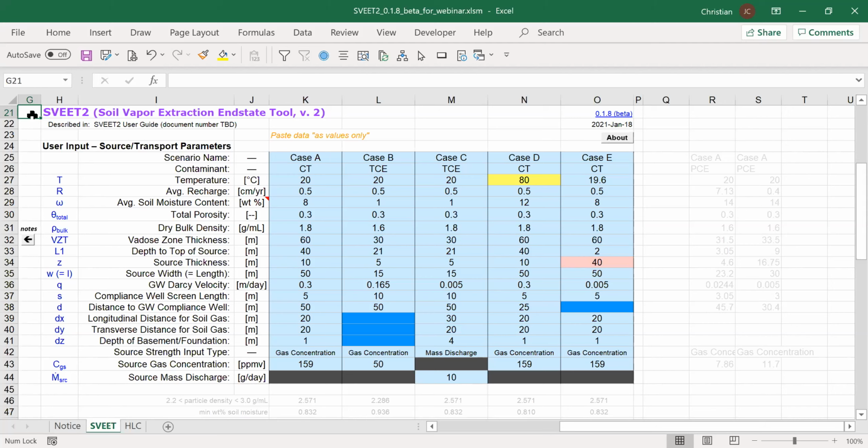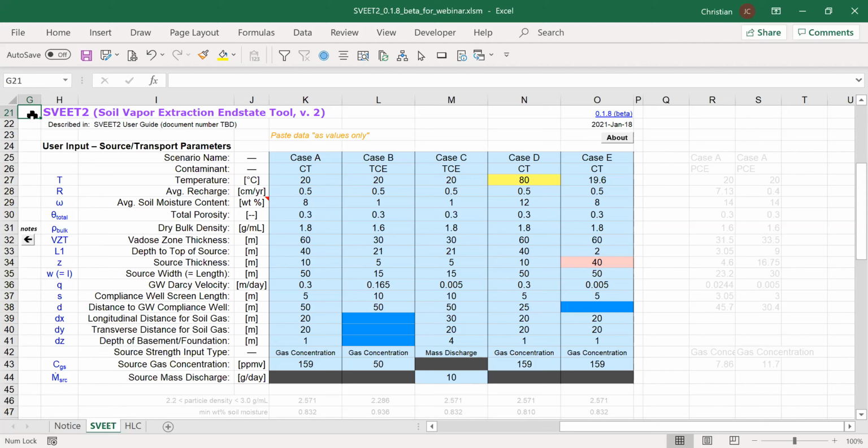Wonderful, thank you for that. Next question: how exactly are the Darcy groundwater velocity and permeability related to vapor transport in the model? So the groundwater Darcy velocity is used here because we have mixing in the groundwater. The numerical simulations include groundwater and vadose zone.